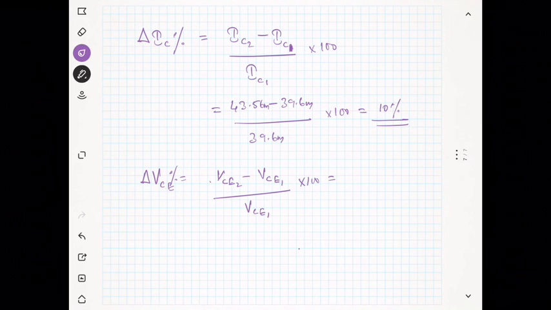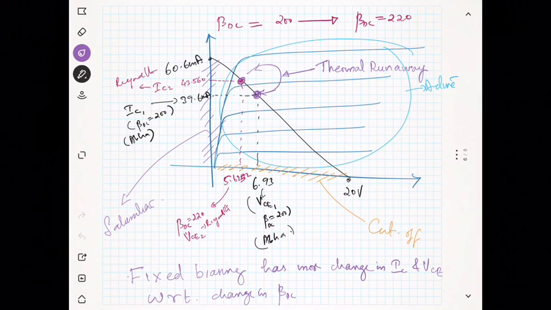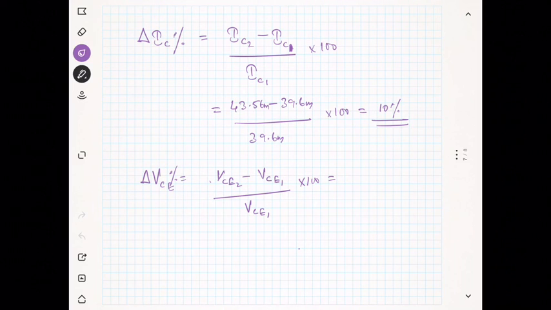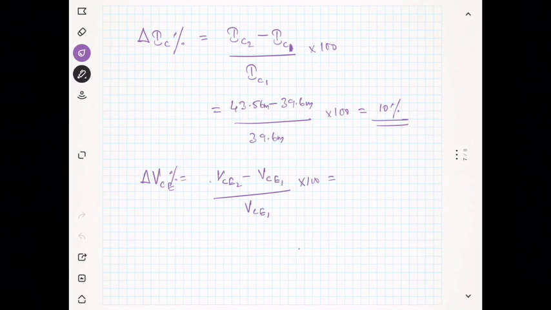VCE2 is 5.6252, minus 6.93, divided by 6.93.